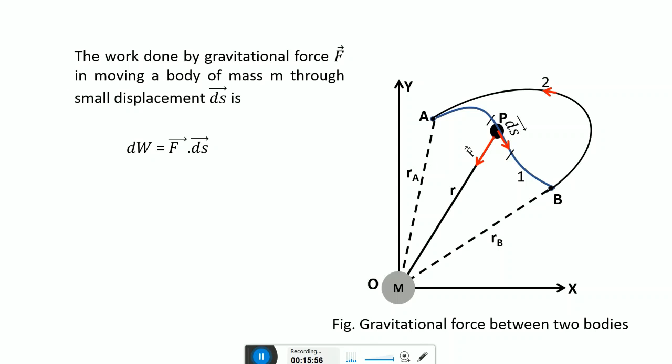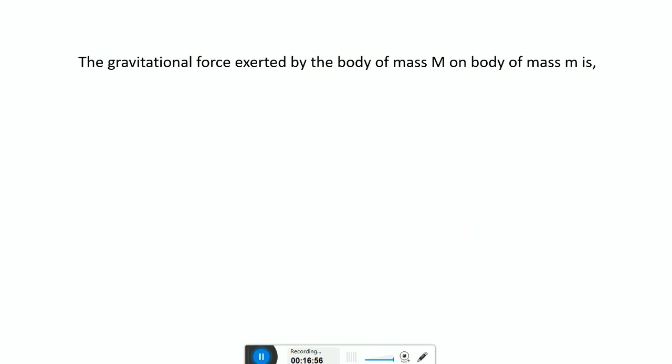This is basic definition of work done, and dot product of two vectors is F ds cos theta. From figure we get ds cos theta is equal to dr. As we consider ds is the small element, similarly dr is the small element along this vector r. So we get dr here. So dW is equal to F dr.